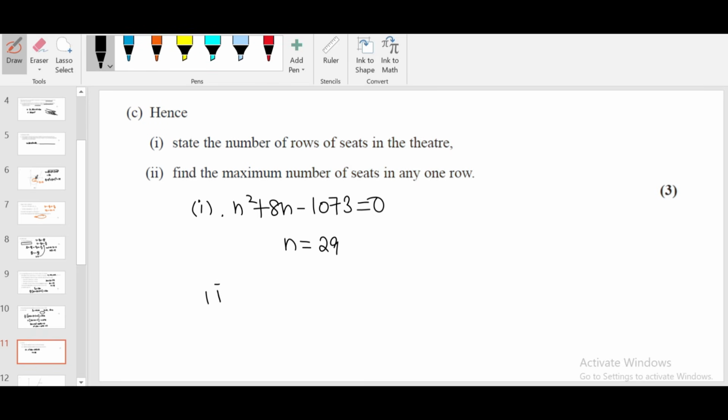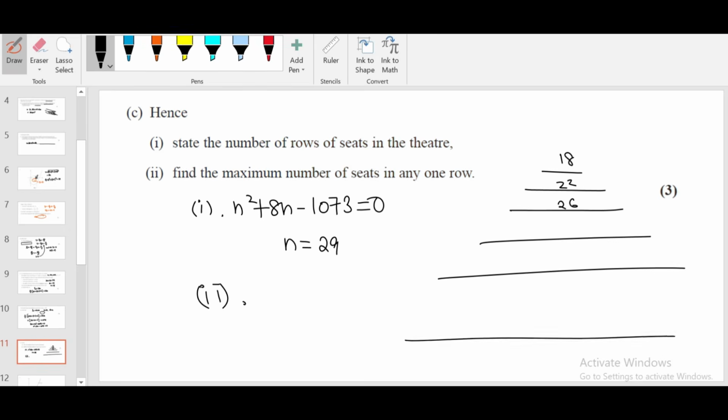Part C II, find the maximum number of seats. Just because the question says maximum, don't think about differentiation and the second derivative and all, maximum, minimum. Here, first row has 18 seats, second row 22, third row 26, and the nth row has the maximum number of seats. n is 29.